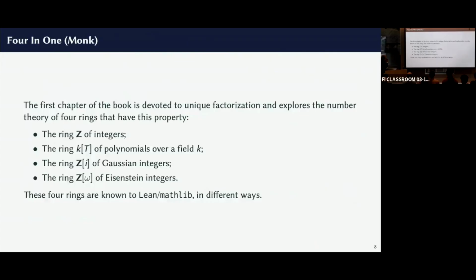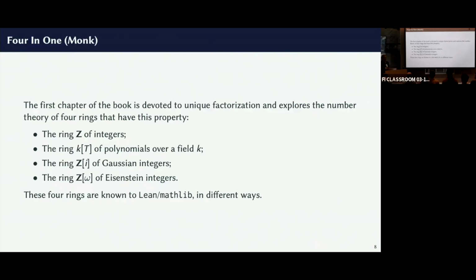Okay, let's do a bit more math. So in the first chapter, there is unique factorization, as I said, and there are 4 rings: Z, K[T], Z[i], and Z[omega]. And it happens that Mathlib knows about these 4 rings already. So this morning, we have seen the natural numbers.